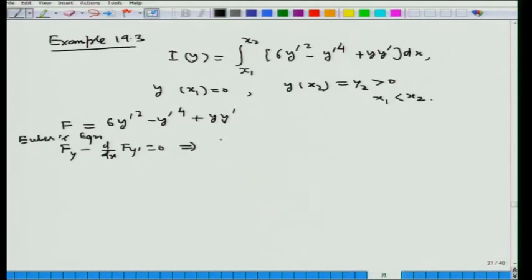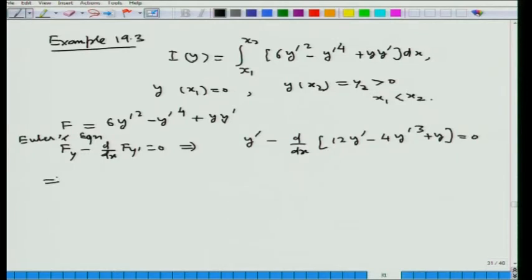So, it gives us f_y gives y prime here, and minus d by dx of f_y prime means 12 y prime minus 4 y prime cube plus y equal to 0.